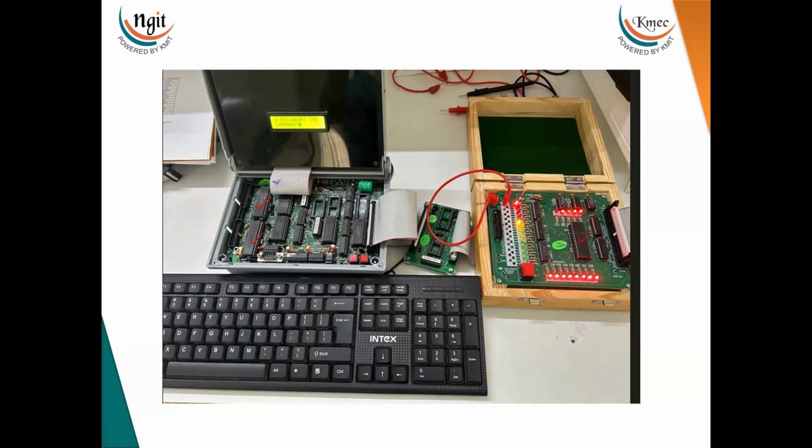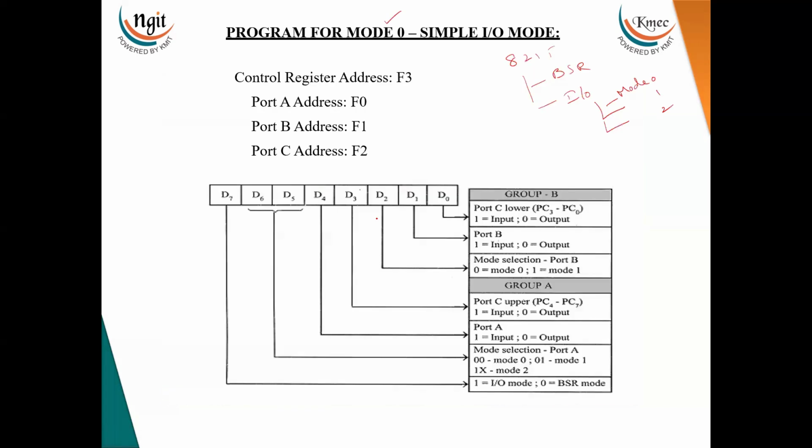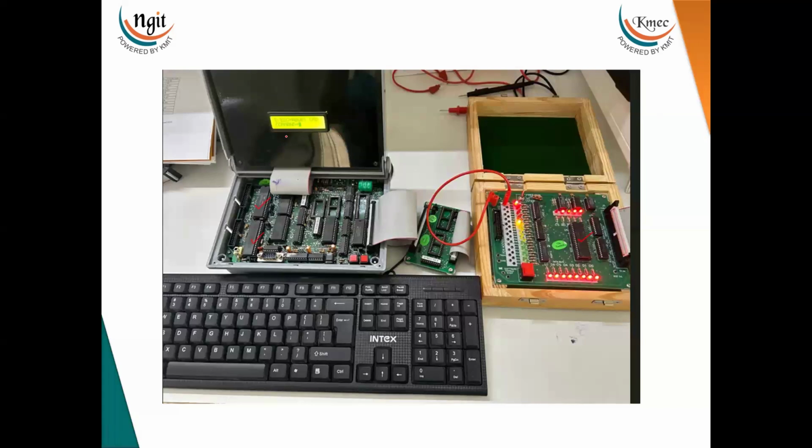This is the demo kit, and we connect this demo kit directly to the 8085 by using this cable. Which 8255 we are using, accordingly we need to use the addresses of the control register, port A, port B, port C.